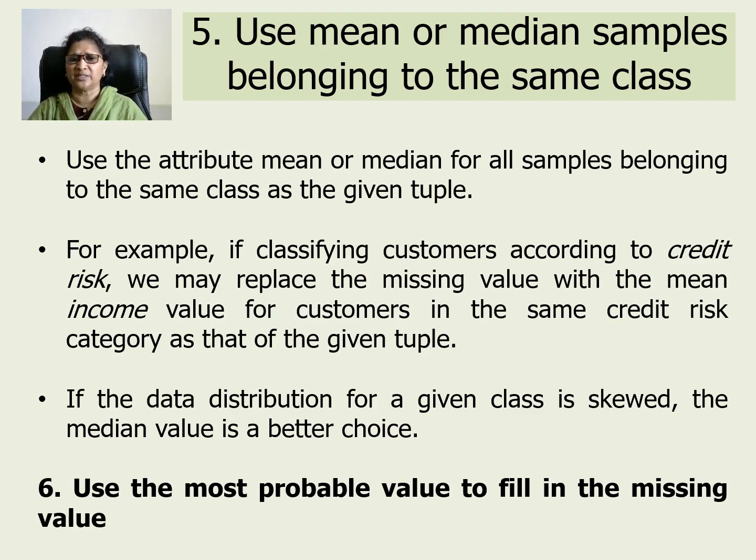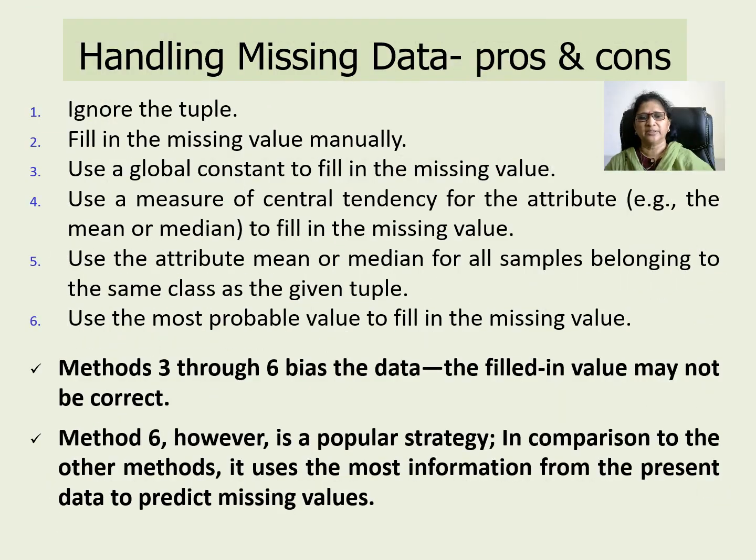This classification, the term clustering, all these we are going to learn later. The first five we discussed for handling missing data, and the sixth one says that we should predict the data to be filled in for the missing values. It means fill in with the most probable value. For this, regression analysis or decision tree induction is used, which we shall be learning later.